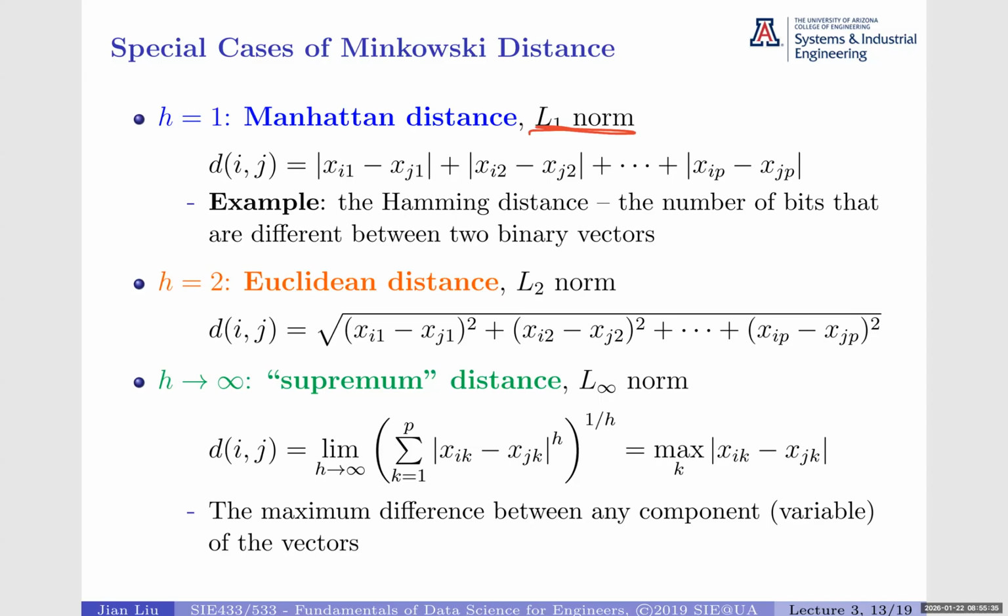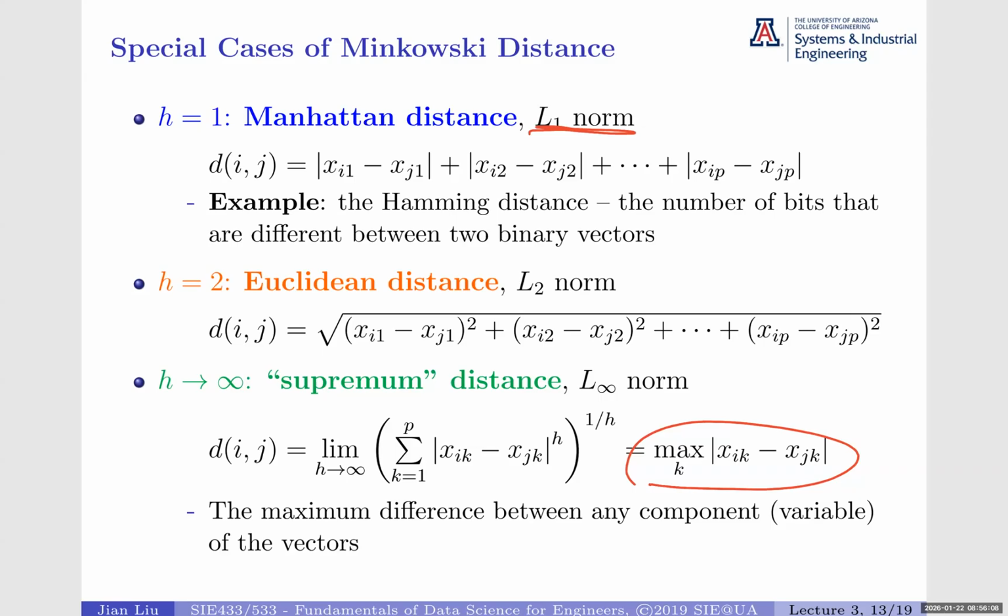Basically, that is equal to max of absolute distance according to all the p dimensions. Okay? We forget about all the other dimensions. We only look at one particular dimension that gives us the highest value of the difference between the two objects. Then that's the so-called L infinity norm.